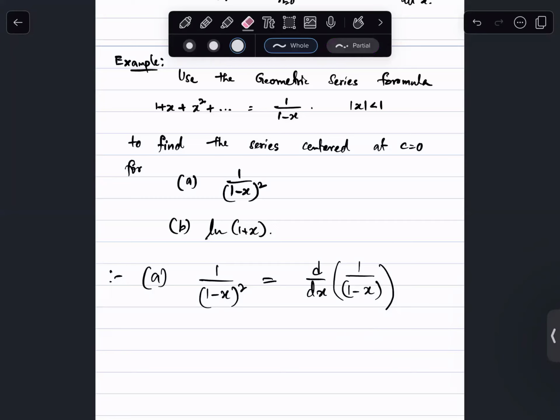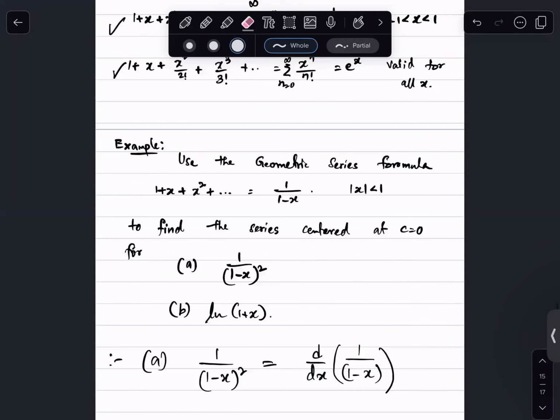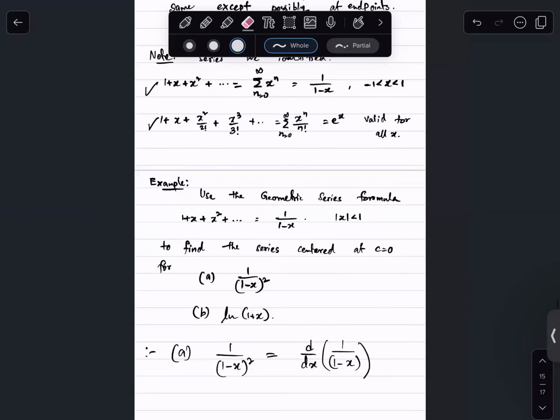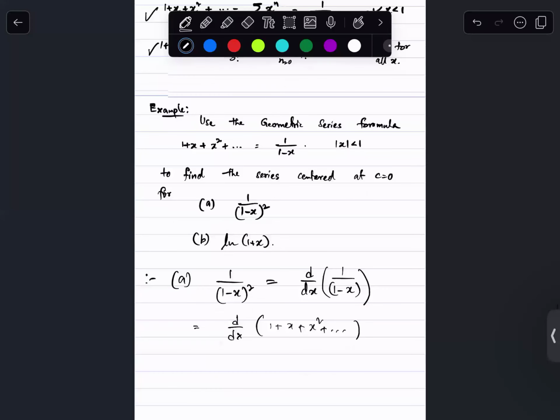You will see that the derivative of this 1 over 1 minus x is the same as our given function in A. Okay, but I know that 1 over 1 minus x is the same as, so f(x) is as it is, and this series is nothing but 1 plus x plus x squared, and so on, right? When x is between minus 1 and 1.